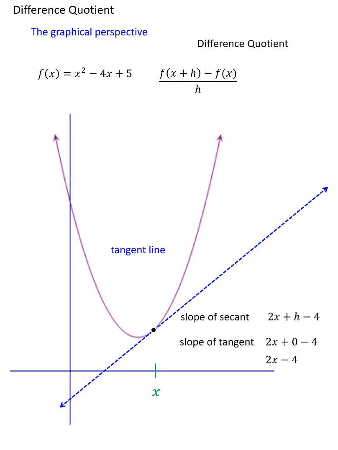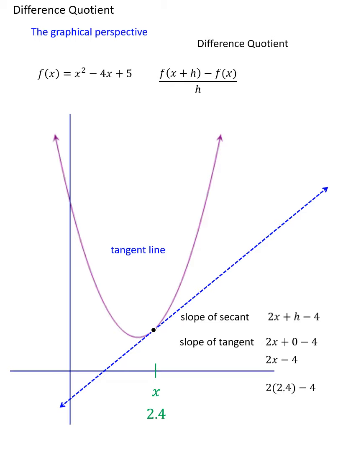Algebraically, that simplifies to 2x minus 4. So what does that mean in this picture? Well, when I drew this picture, I picked an x value of about 2.4. And even though we talked about this generically with x being any quantity, the actual point that I selected on this curve just so happened to have an x value of 2.4.